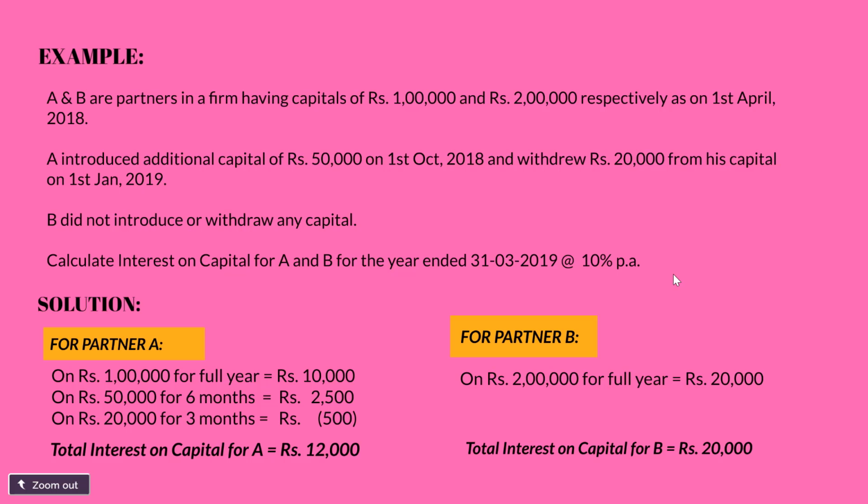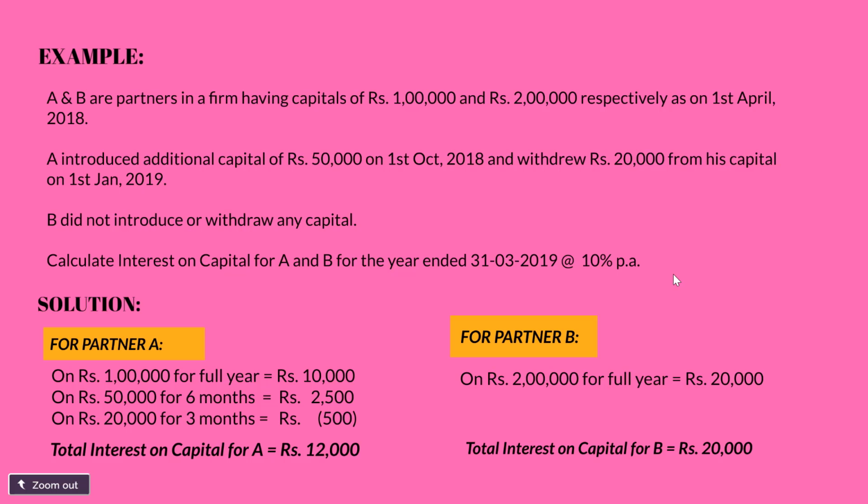A introduced additional capital of rupees 50,000 on 1st October 2018 and also withdrew rupees 20,000 from his capital on 1st January 2019. B did not introduce or withdraw any capital. Calculate the interest on capital for A and for B for the year ended 31st March 2019 at 10% per annum.